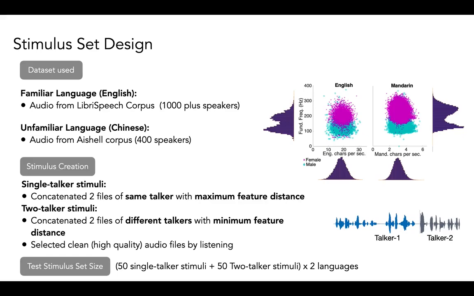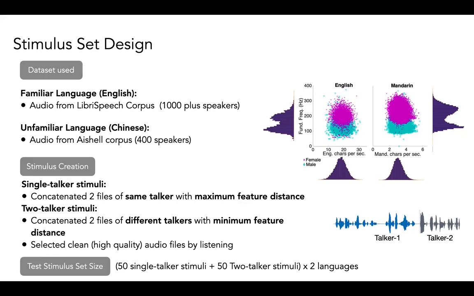To create single talker stimuli, we concatenate two files of the same talker with maximum feature distance in this space. To create two talker stimuli, we concatenate two files of two different talkers with minimum feature distance in this space. Further, we also select clean audio files by listening to the created stimuli.